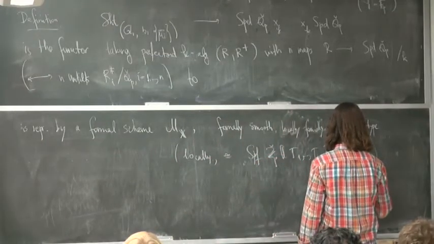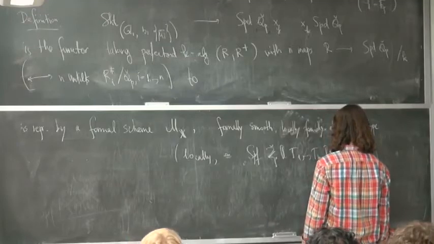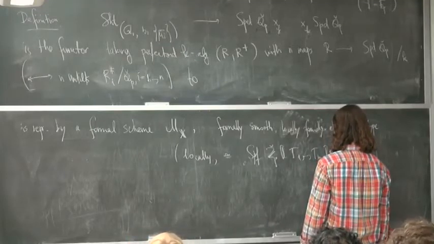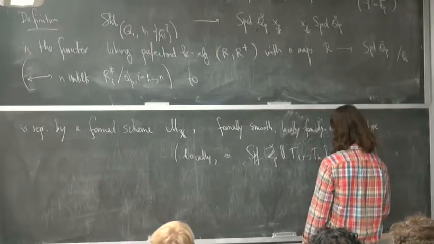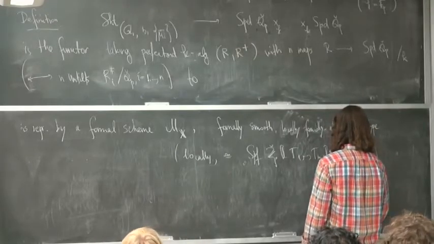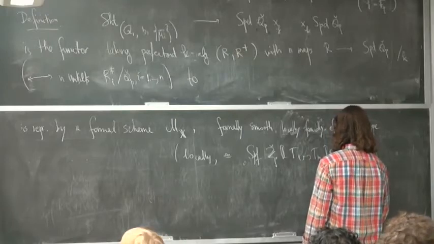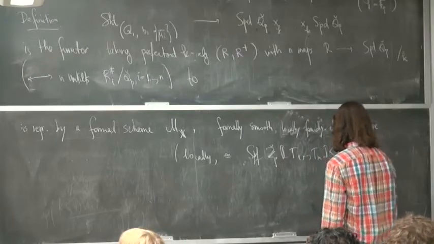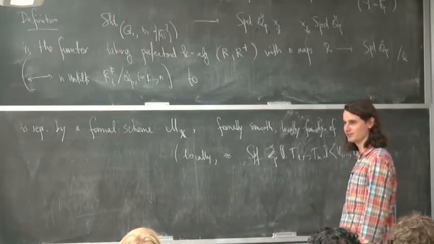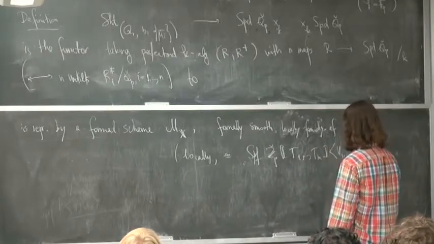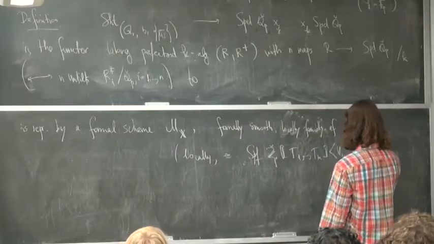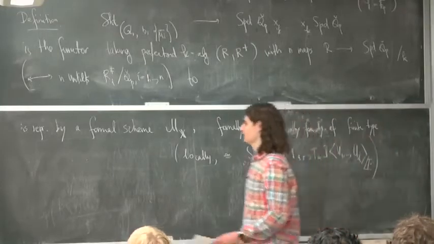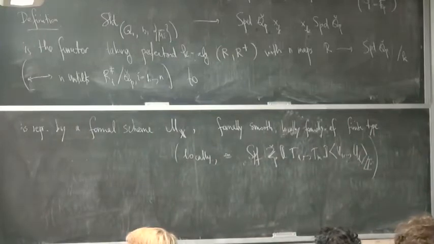Well, formally locally of finite type would mean it's mod some ideal. If I would allow some localization, then it would be some localization of that. So if it's locally formally of finite type, it means isomorphic to a quotient of this by some ideal. Good, thank you.